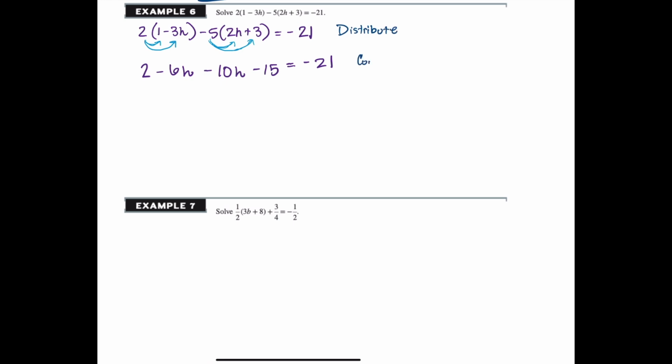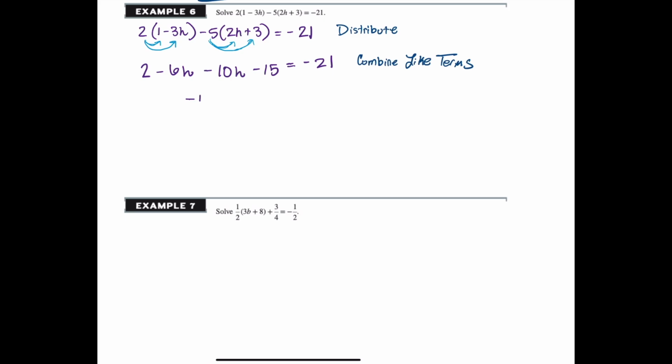Now we can combine like terms. So let's see what like terms are. We have negative 6h minus 10h. That will give us negative 16h.